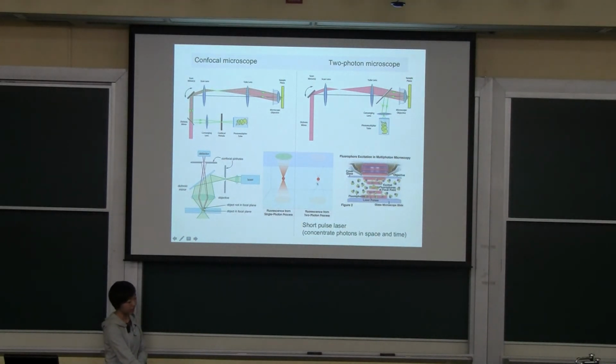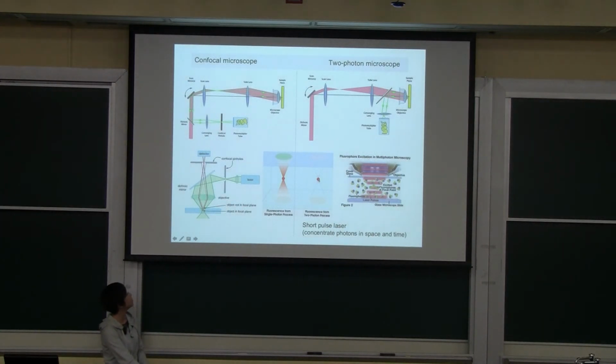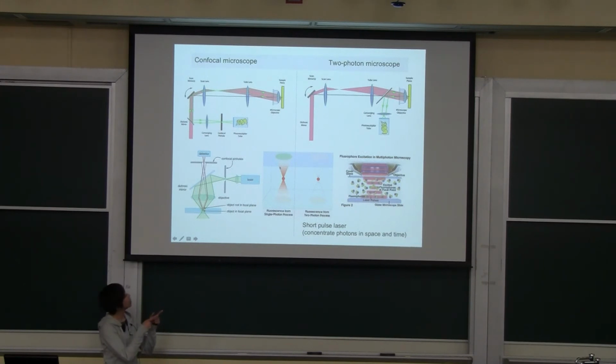If you compare which part of your sample is excited, then with two-photon only your focal point, only this small point, is excited. But for confocal, the whole cone on the top and bottom is excited, so everything labeled in red is excited, and also emitting light.